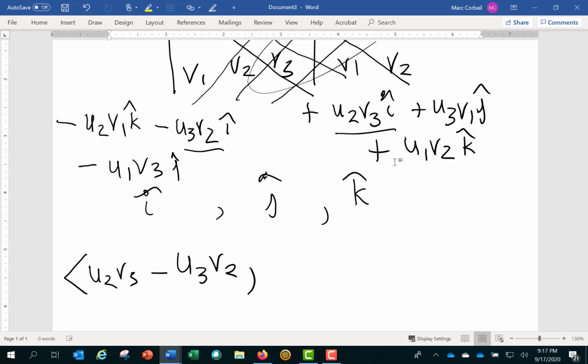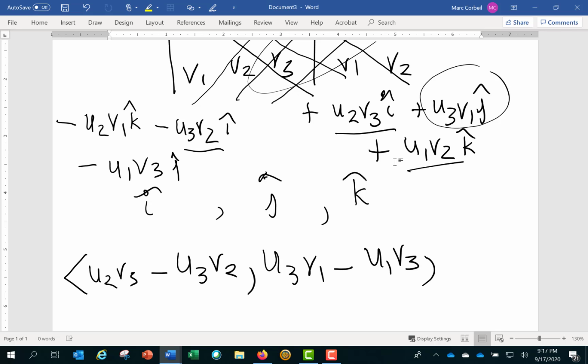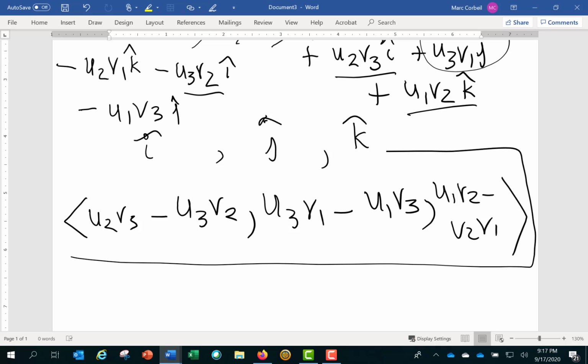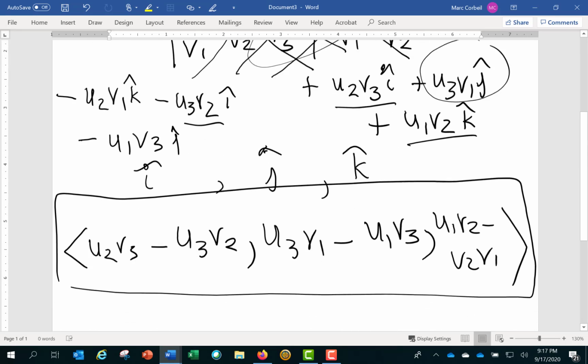The middle part, the J, I'll do the positive one first: U3, V1 J minus U1, V3 J. And the K's, positive one first again: U1, V2 minus U2, V1. So what we get is a nice formula for the cross product. That is one way to memorize it, or simply to do it in this method.